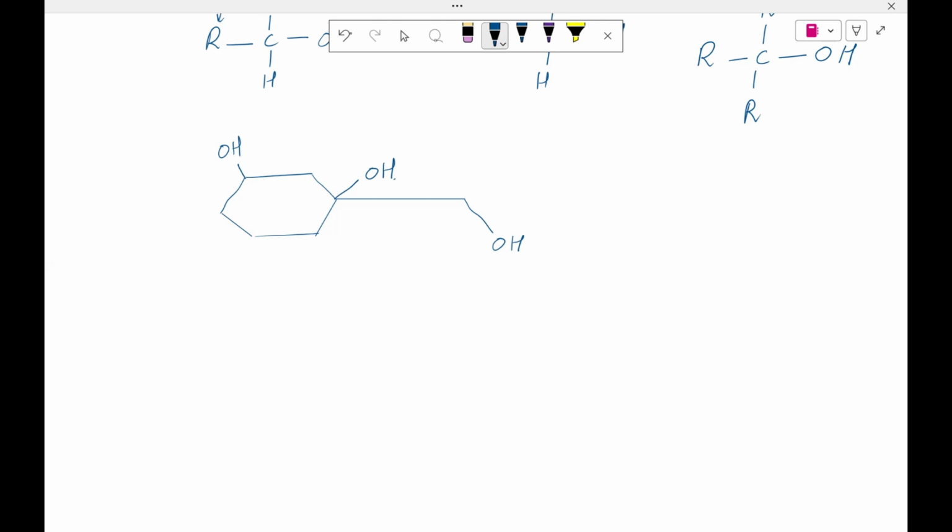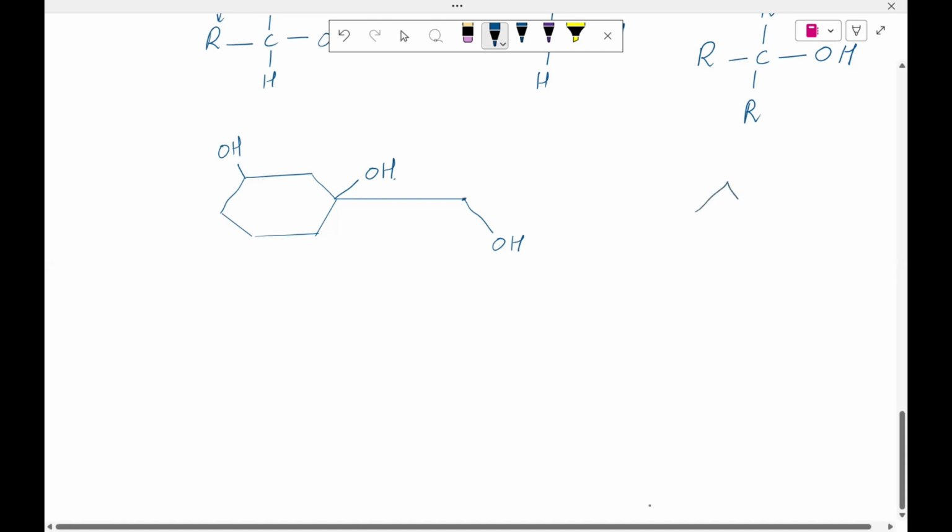Now, my question for you is: if there is nothing attached here, how many hydrogens would be at this point? We know about the skeletal formula. Do you know what is attached here?